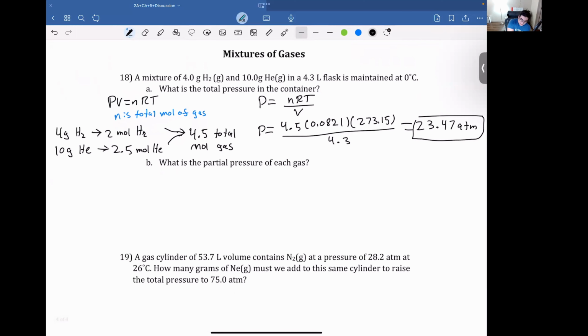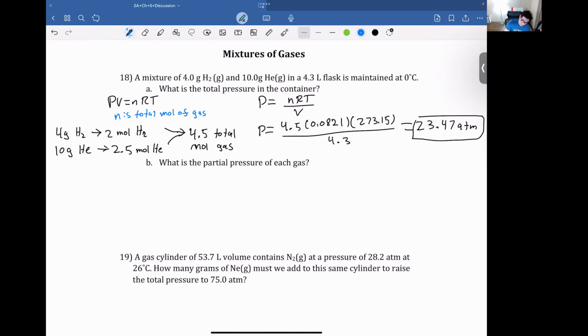All right. Moving on to the next, we have what is the partial pressure of each gas? So the way you can do this is take your total pressure and then multiply it by the molar ratio of each gas. So the partial pressure of each gas, again, molar ratio, I mean moles of certain gas divided by total moles of gas.